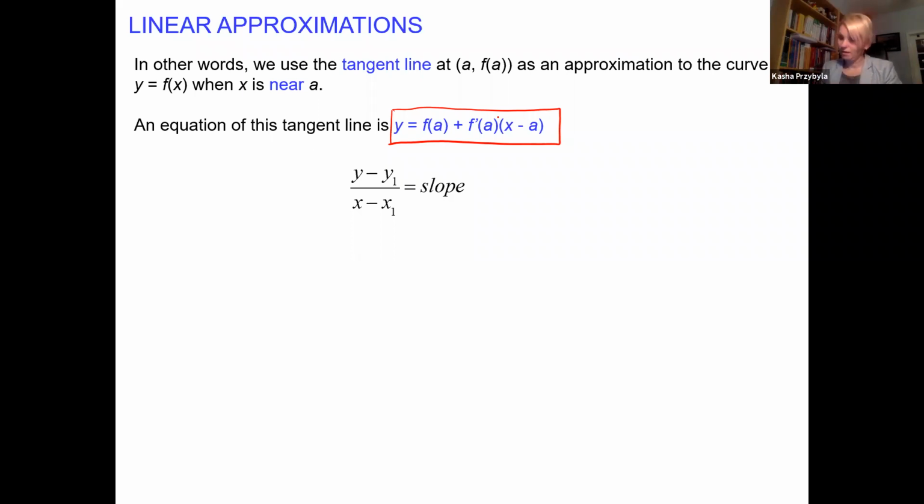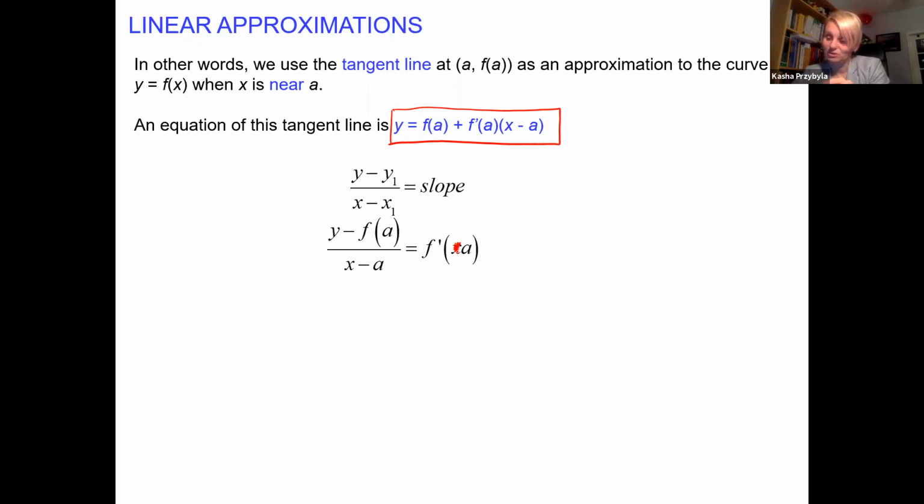I'm trying to derive this formula just this way, but it's the same. We can see slope is defined as y minus y1 over x minus x sub 1, the difference in y's over the difference in x's, rise over run. My point is a, f of a.